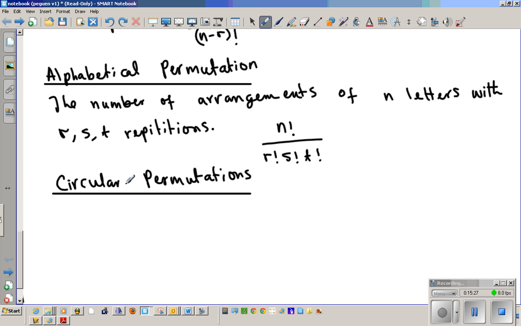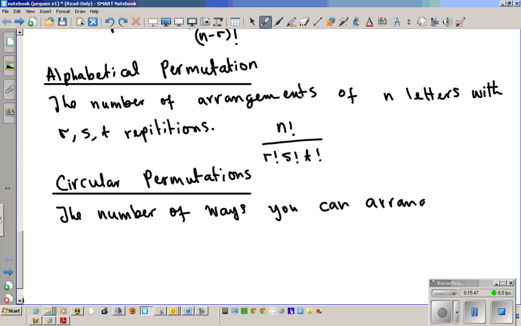The number of ways you can arrange n objects in a circle is given by n minus 1 factorial.